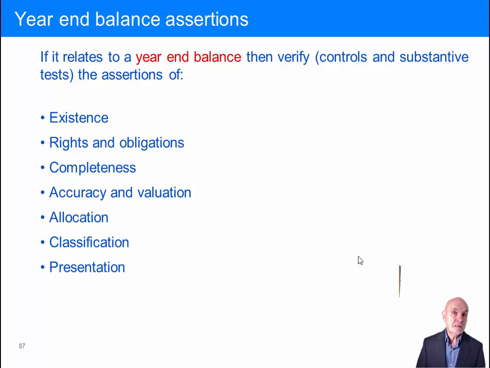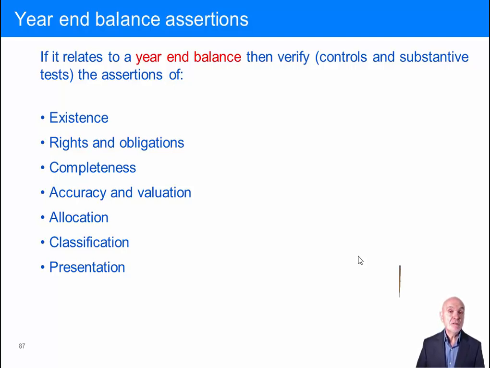For completeness, when you're looking at inventory, you should really look around maybe the back of the factory, different areas of the factory to make sure we've included all of the inventory in the final stock take. Accuracy and valuation, for example, in your non-current assets, you would recalculate the depreciation calculations so that you had some assurance that the valuation was reasonable.